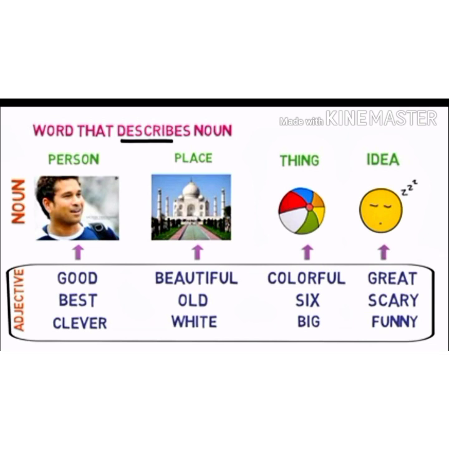Also, in the case of an idea or a dream, just for examples that are written on the screen, like I had a great dream, or I got a scary dream, or I had a funny dream. So, all these words like great, scary, funny are adjectives.